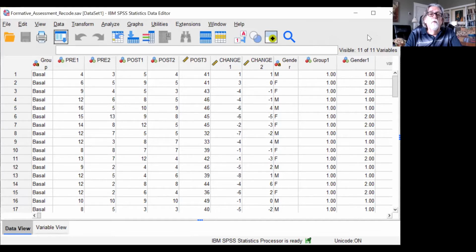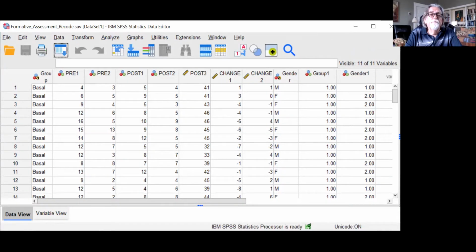In order to do a one-way analysis of variance, we're going to look at the change score, and we're going to do a one-way based on group.